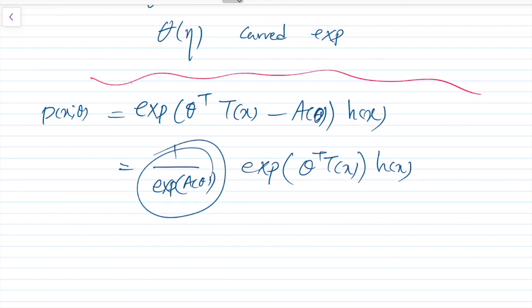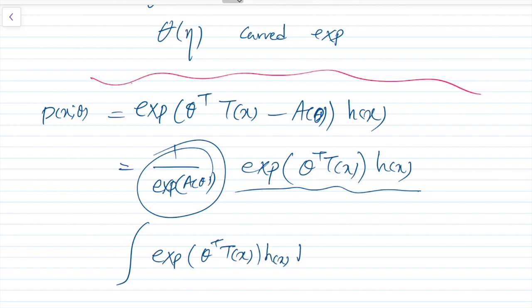Remember the Gibbs distribution? We have a bunch of factors multiplying each other, and then you normalize to make sure it's a distribution. So if I take the integral of this, that should be equal to the other side. So if I take the integral of exp(theta transpose T(x)) h(x) dx, it should become what?